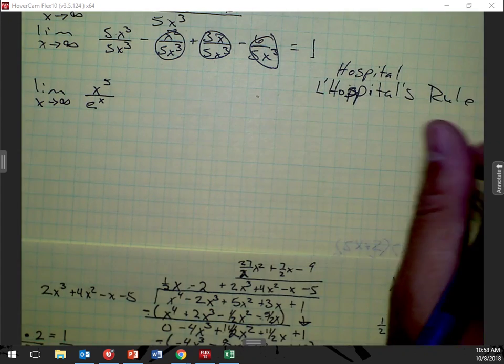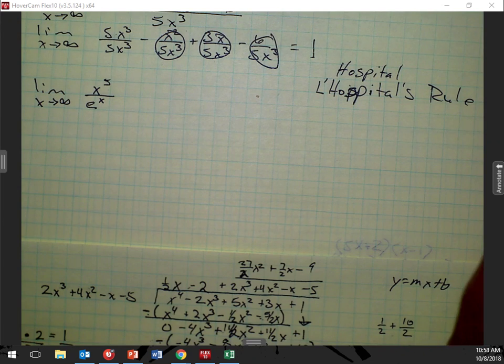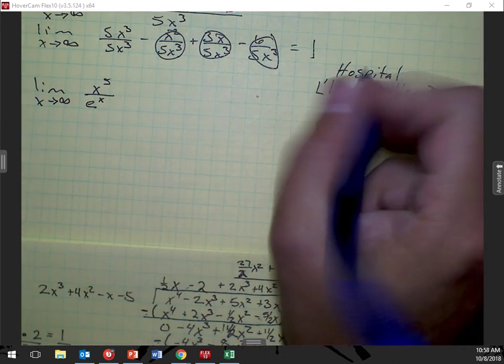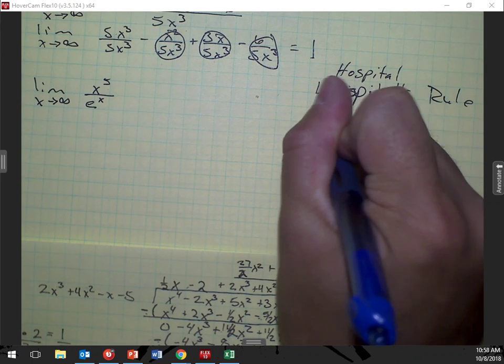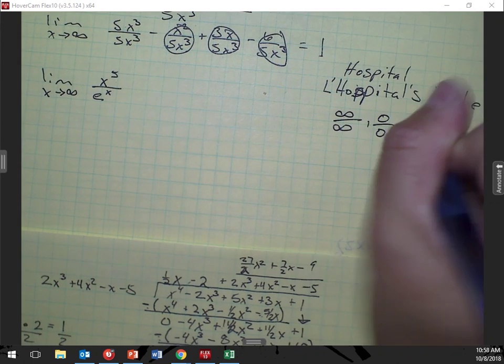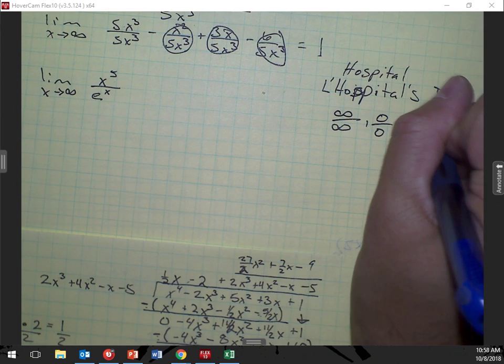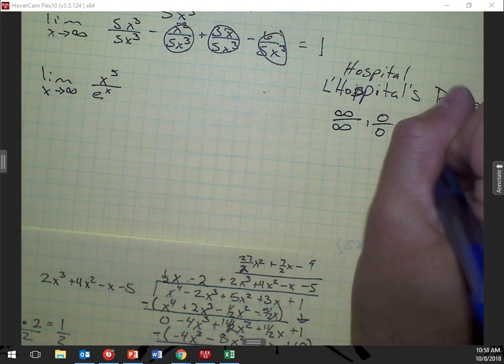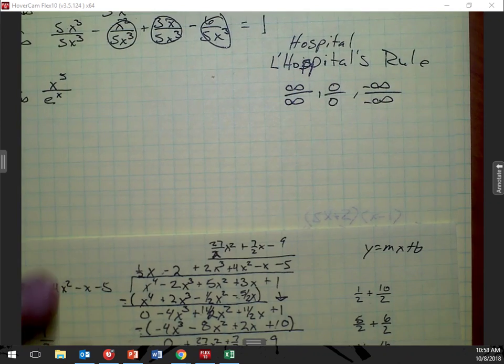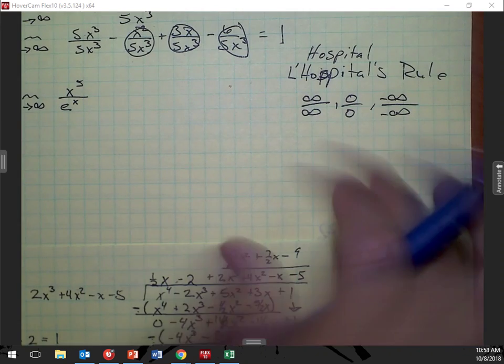L'Hopital's rule works in a couple different places. It's called the indeterminate. When you plug it in, the indeterminate would be infinity over infinity, 0 over 0, negative infinity over negative infinity. So those are when you can do this. So we're going to have infinity over infinity.